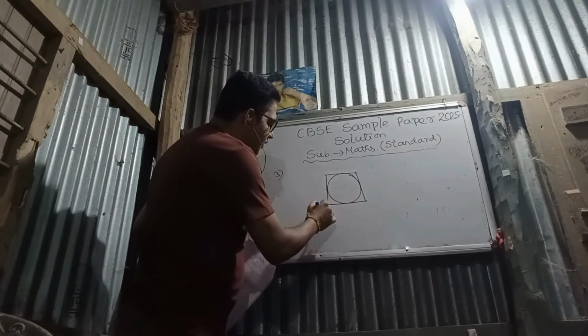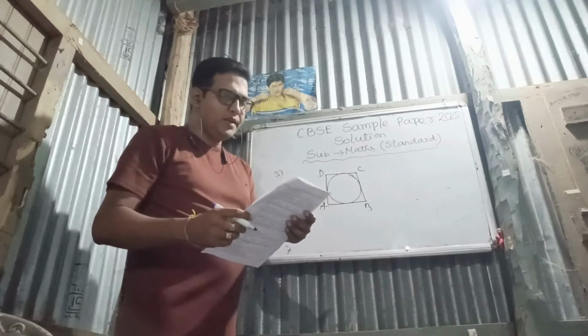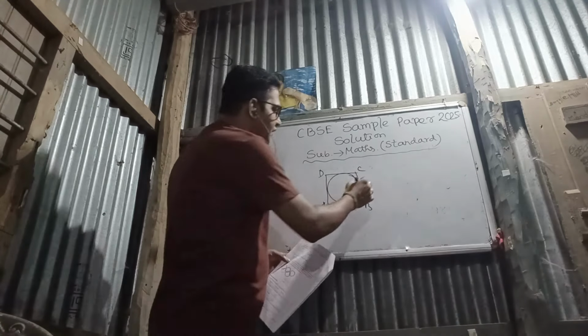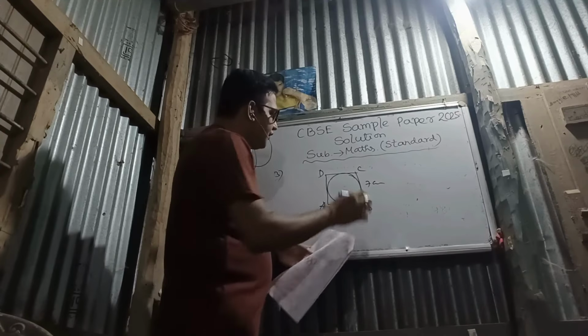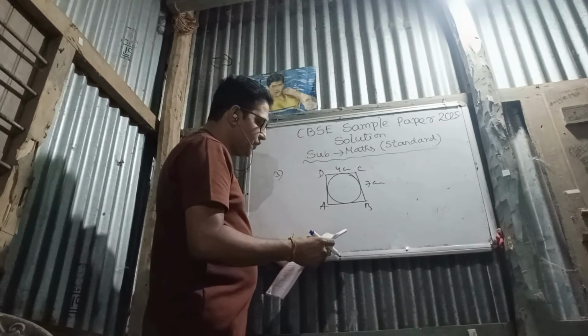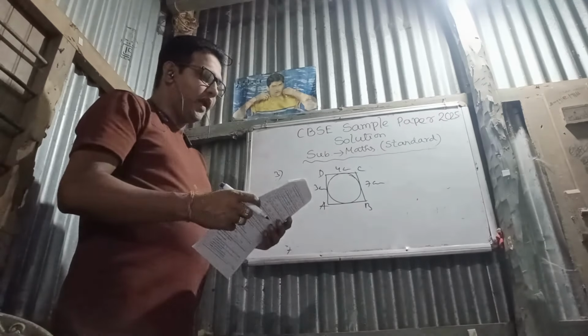According to the question, it's ABCD circumscribing a circle, and here BC is equal to 7 centimeter, CD is equal to 4 centimeter, AD is also equal to 3 centimeter. Now we have to get the length of AB.